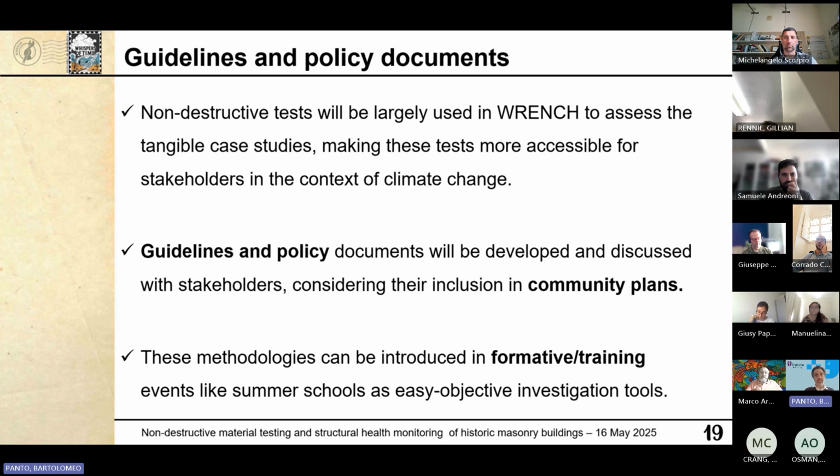It is something that requires some practice. And the experience that we are doing and will do until the end of the project can be finalized in this sort of guidelines or policy documents. Maybe the name could be different, but something that can be shared with the communities, with the local practitioners.